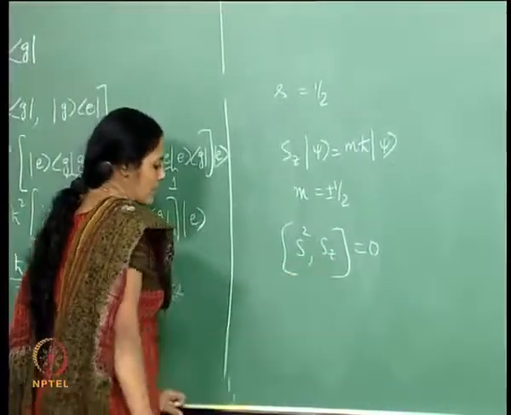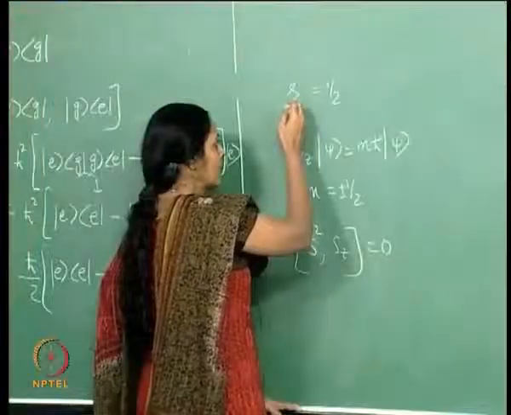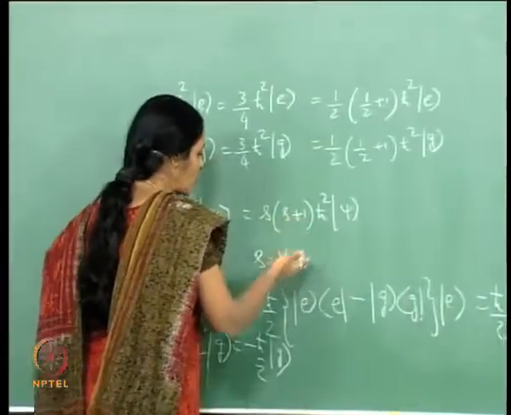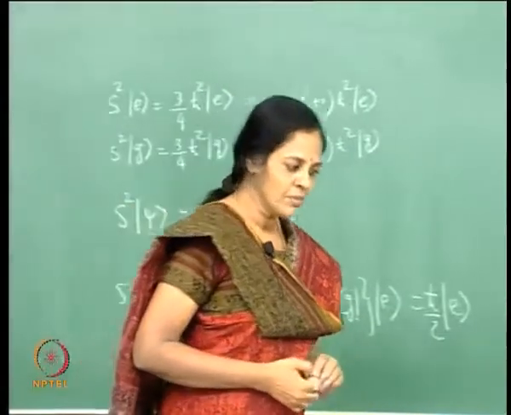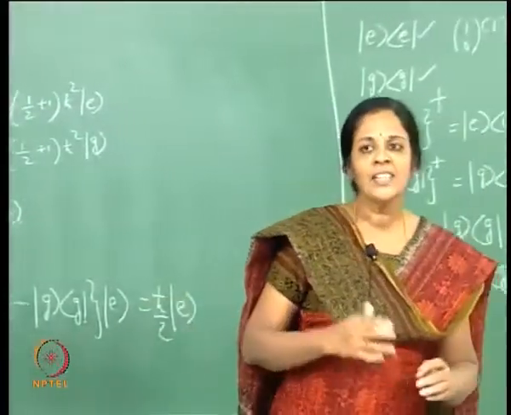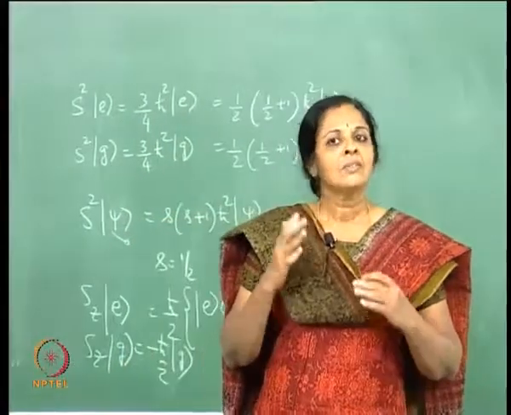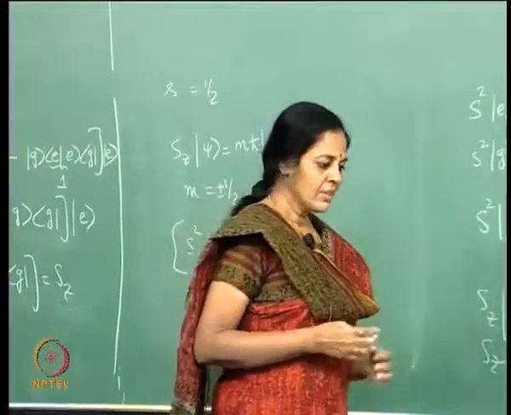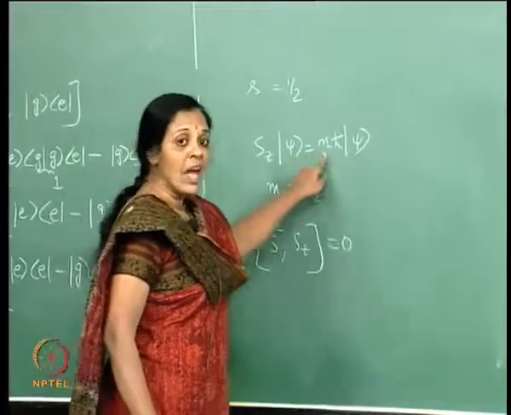What do we see from this? If a measurement is made to find out the value of little s and little m, that means the eigenvalues of S squared and Sz, if a clever experiment is made on the state of the atomic system to find out these eigenvalues, after the simultaneous measurement of S squared and Sz, we will get the values of little s and little m accurately.